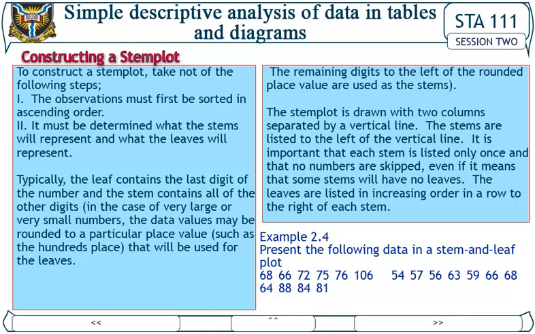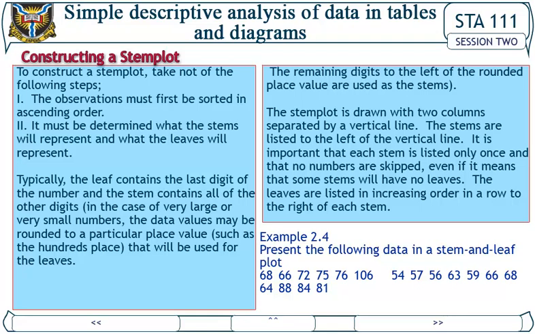The stems are listed to the left of the vertical line. It is important that each stem is listed only once and that no numbers are skipped, even if it means that some stems will have no leaves. The leaves are listed in increasing order in a row to the right of each stem. Example 2.4. Present the following data in a stem and leaf plot.